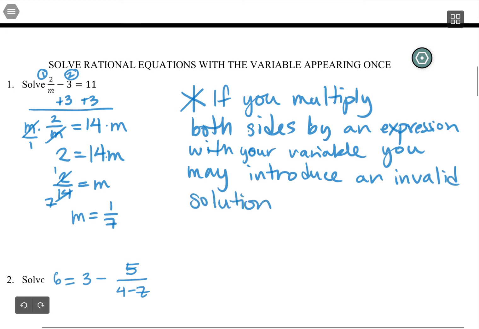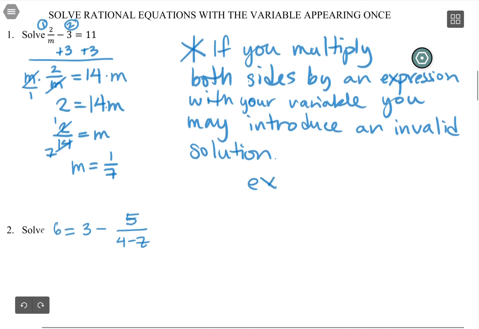And we have an official word for this. This is called an extraneous solution.